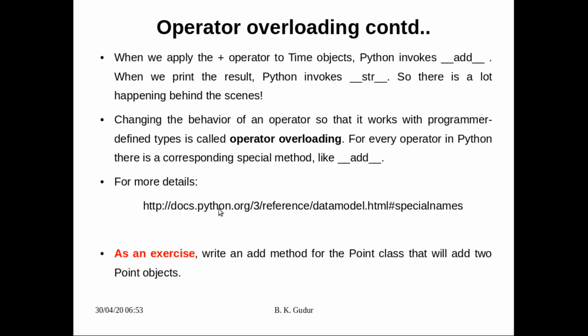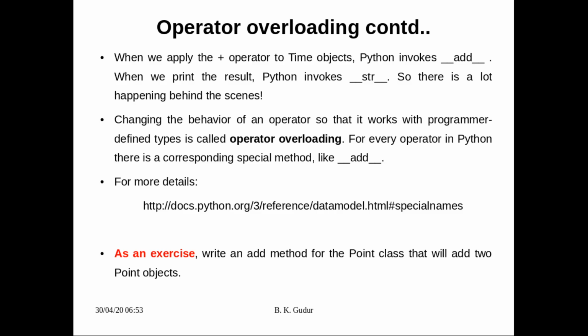See, overloading is very simple. One operator is going to do many different kinds of work. The plus operator is for addition, say addition of integers or floating point numbers. But in the case of strings it does concatenation, which is different from addition. And in the case of time objects, which we have just done, it does the addition of time objects, which is very different from normal addition.